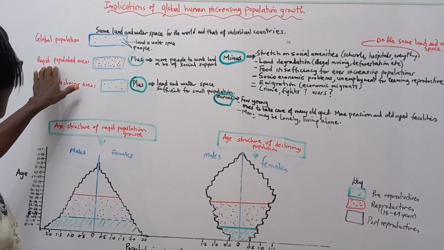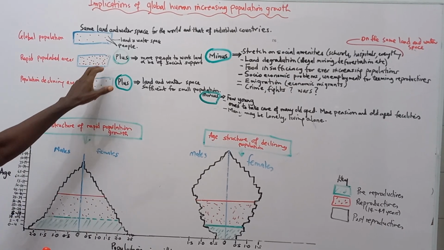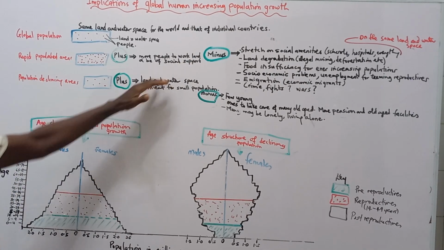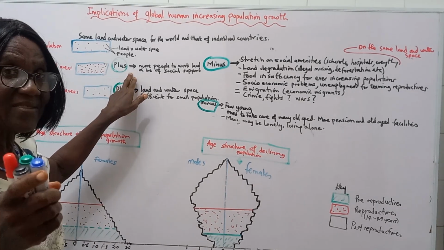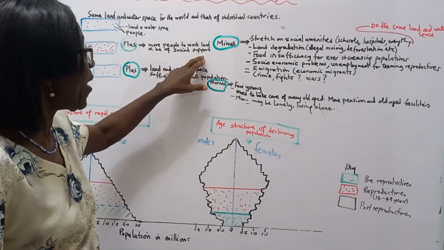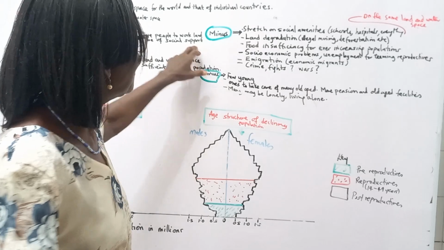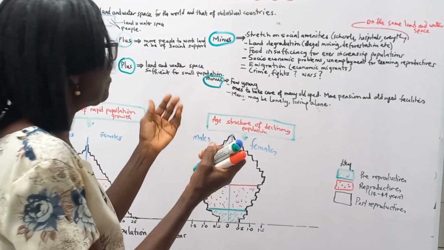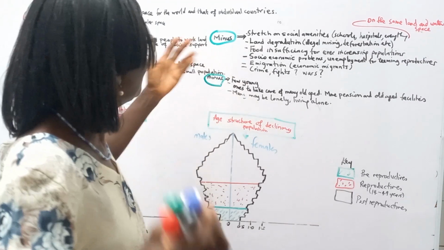And for the rapidly populated areas like here, the land and water space is the same and the population is increasing. What are the implications? Pluses or advantages? Fewer, but yes, there are more people to work the land and also give social support. Grandmothers and grandfathers are not living alone. Everybody has so many people around, so there is social support to give some joy.